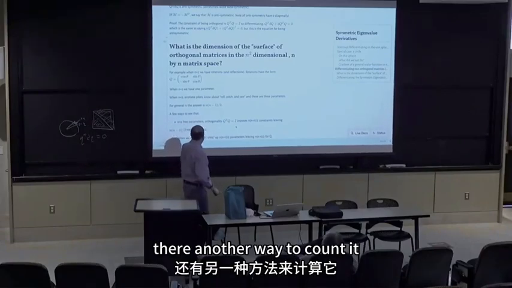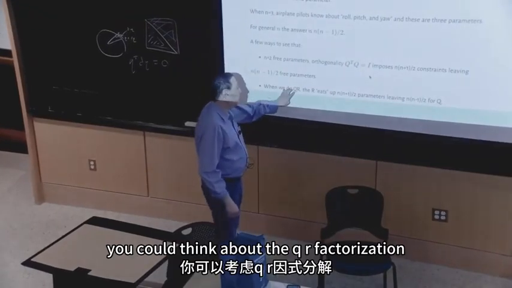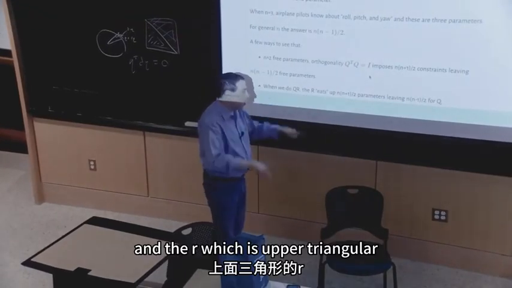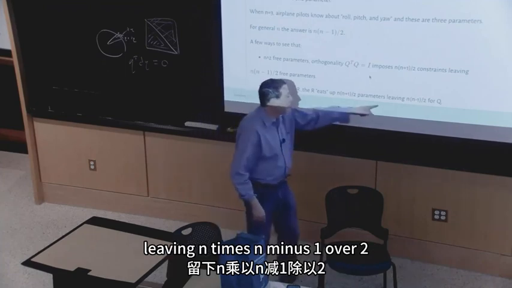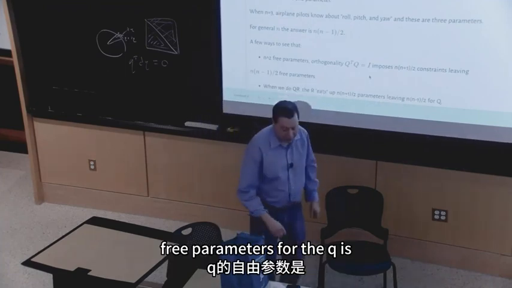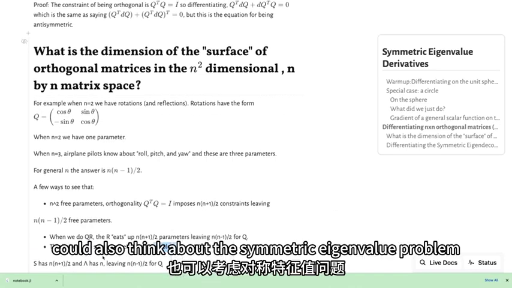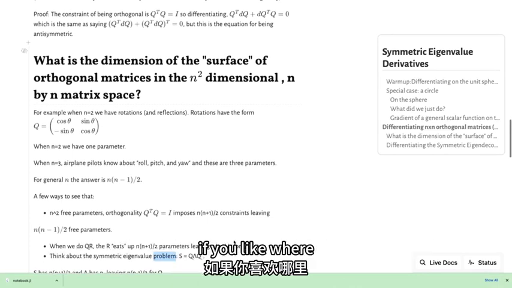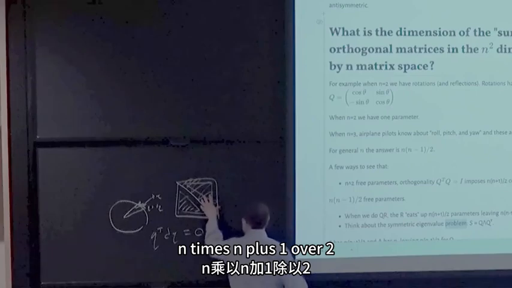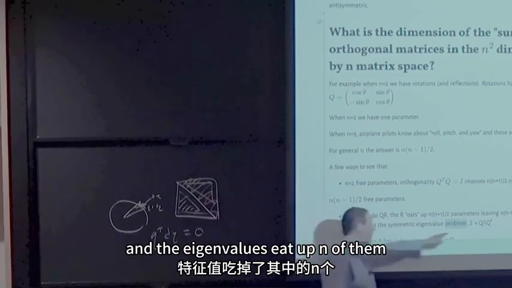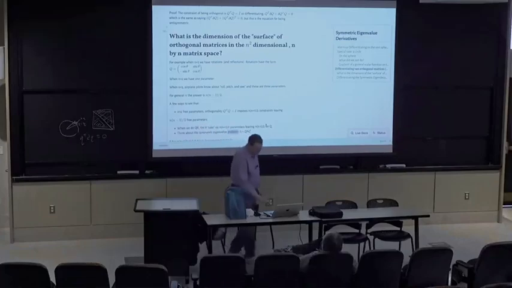There are lots of ways to count it, actually. You could think about the QR factorization. The R, which is upper triangular, has the same n times n plus 1 over 2, leaving n times n minus 1 over 2 free parameters for the Q. You could also think about the symmetric eigenvalue problem, where a symmetric matrix has n times n plus 1 over 2 parameters, and the eigenvalues eat up n of them, leaving n times n minus 1 over 2.